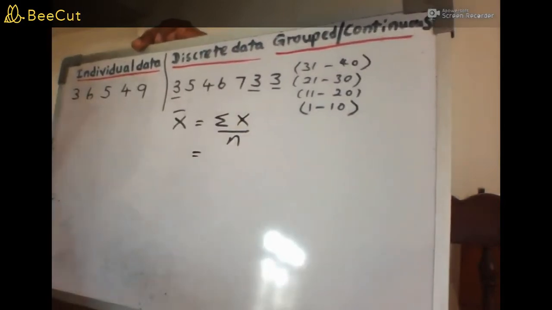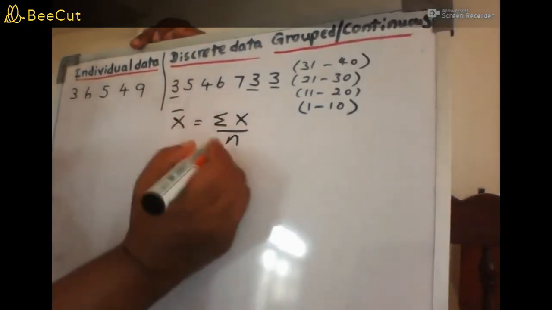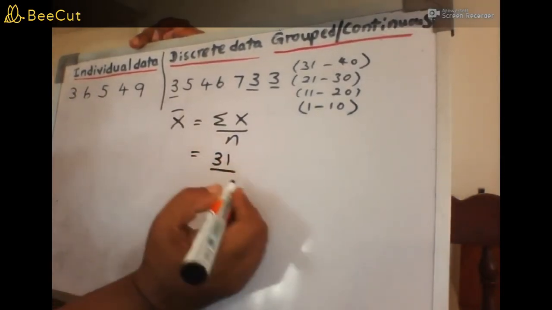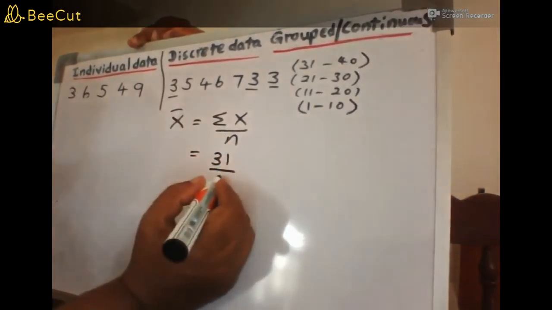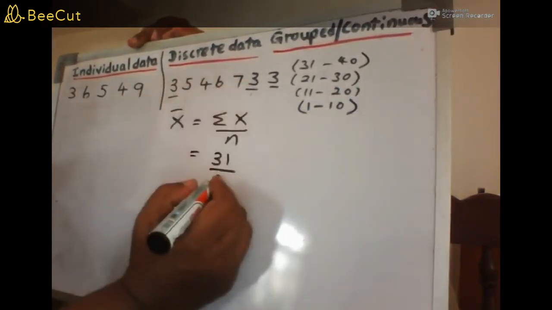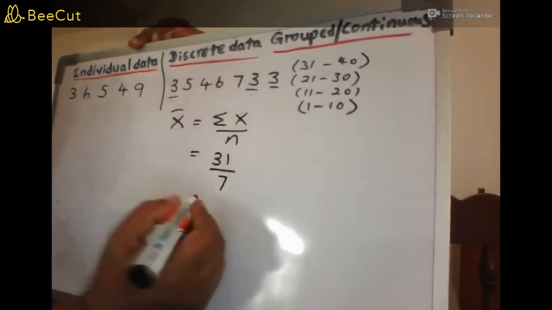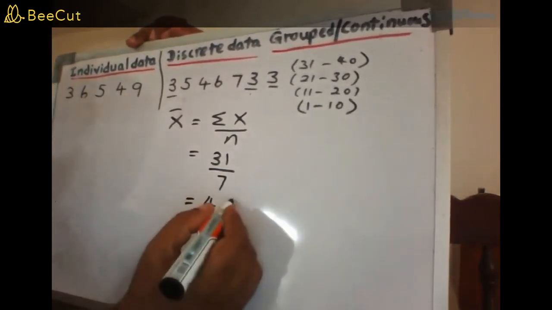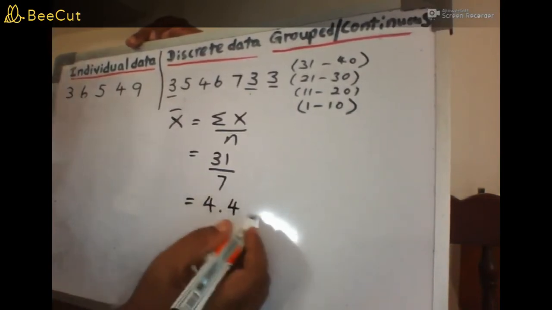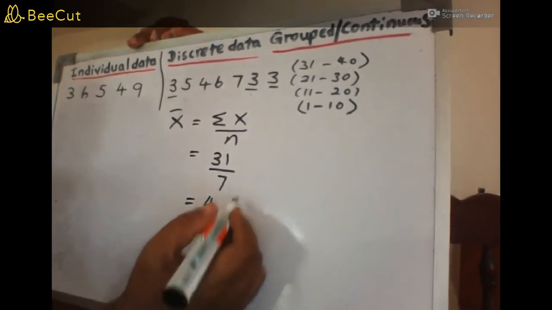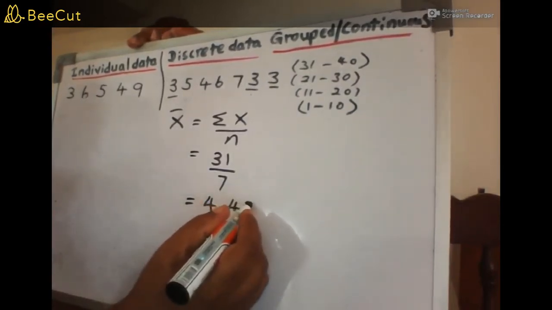What's the total? The total is 31. 31 divided by n: 1, 2, 3, 4, 5, 6, 7. So the answer is 4.4. You'll have to get the other answer also.